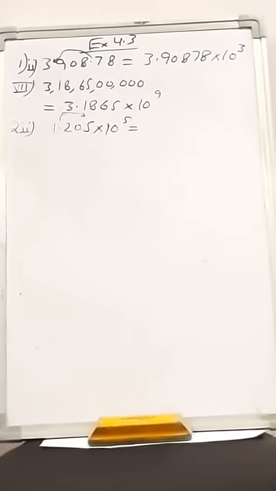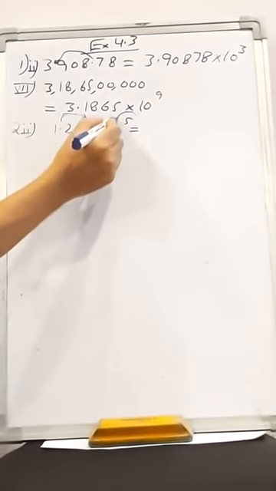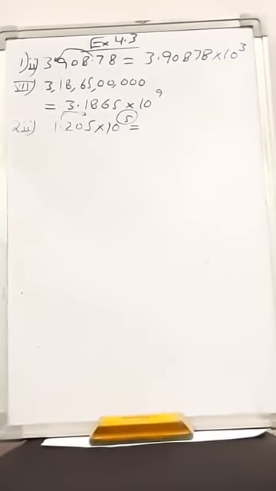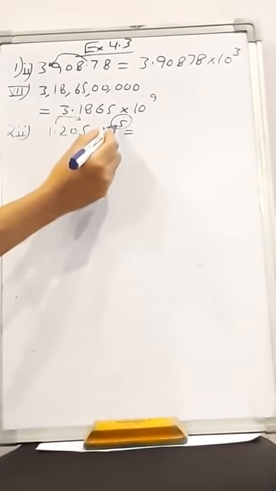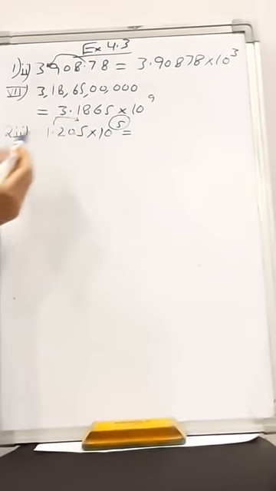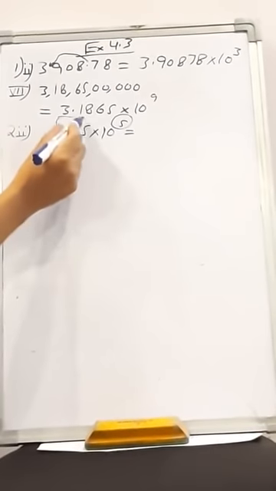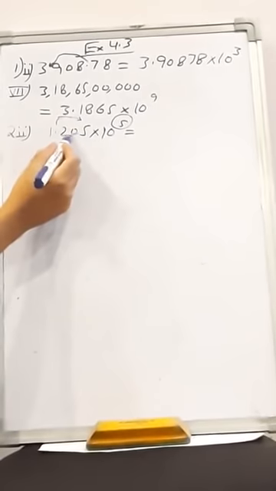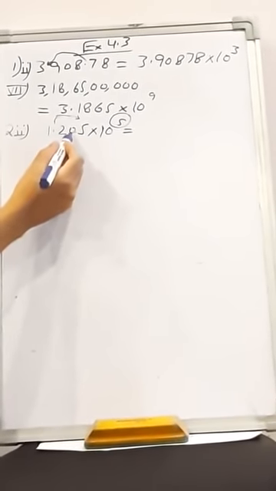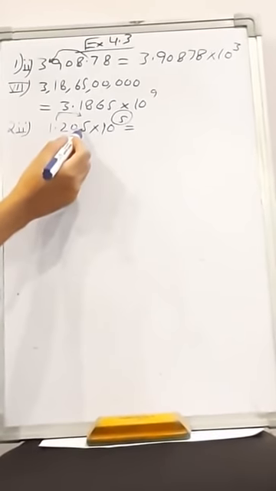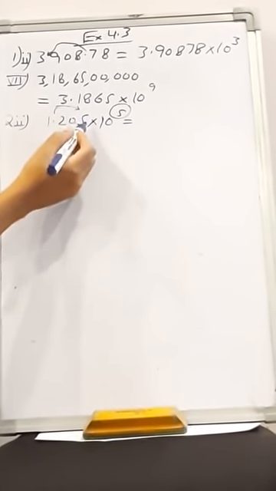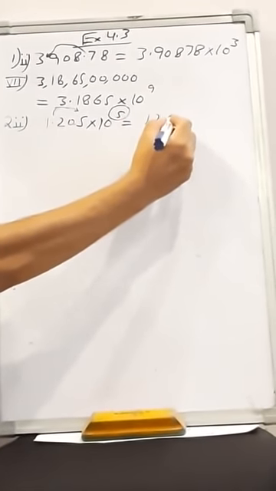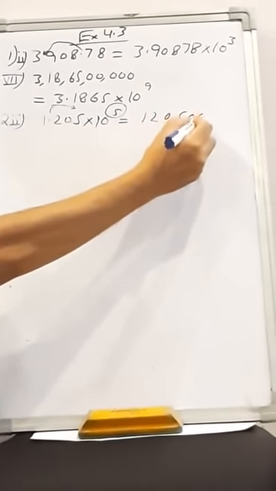How many places forward? As many as the number given in power. It has 5 in power. So 5 places decimal will move forward. So 1, 2, 3. It has only 3 places and it has to move 5 places. So we will add 2 more zeros to it and we will write 120500.